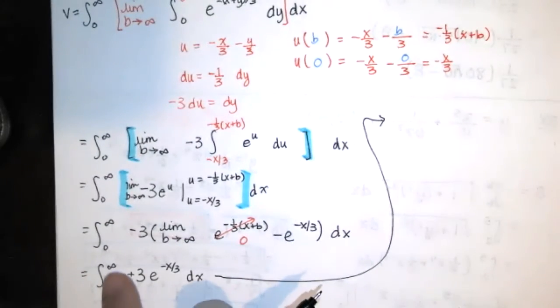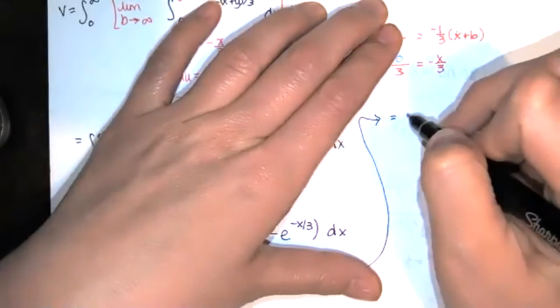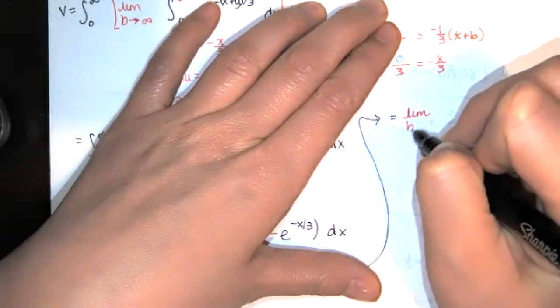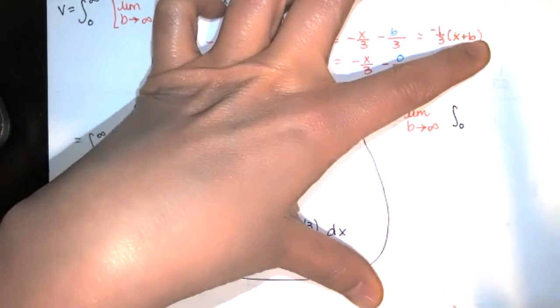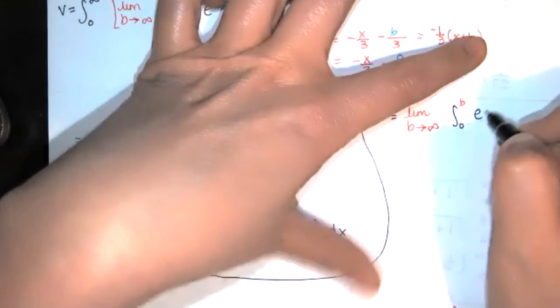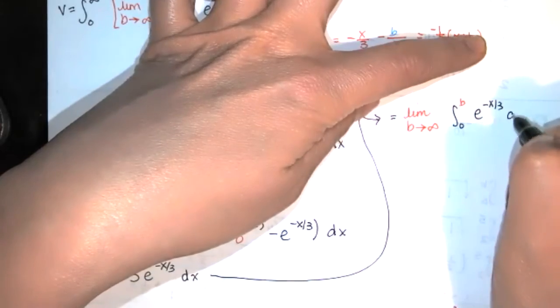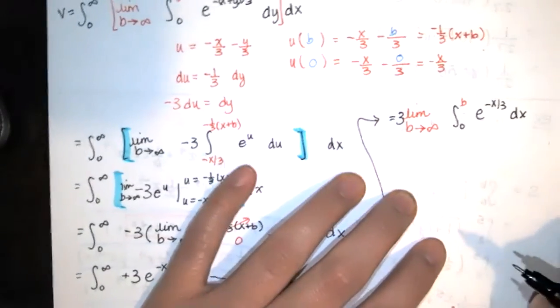So I've got an upper limit of infinity. I will replace that upper limit with a b and take the limit of the result as b goes to infinity. Oh, and I forgot my 3. I'll bring my 3 out front there.